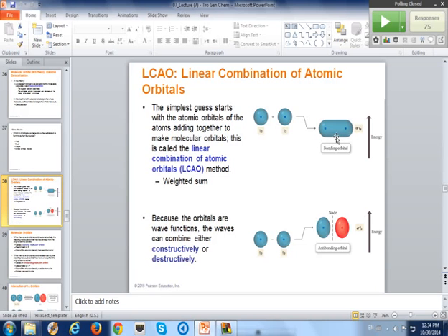If the blending results in constructive summation of those wave functions, that means that the electrons, based on the square of this molecular orbital, have a greater probability of existing in this region in the molecule, right?